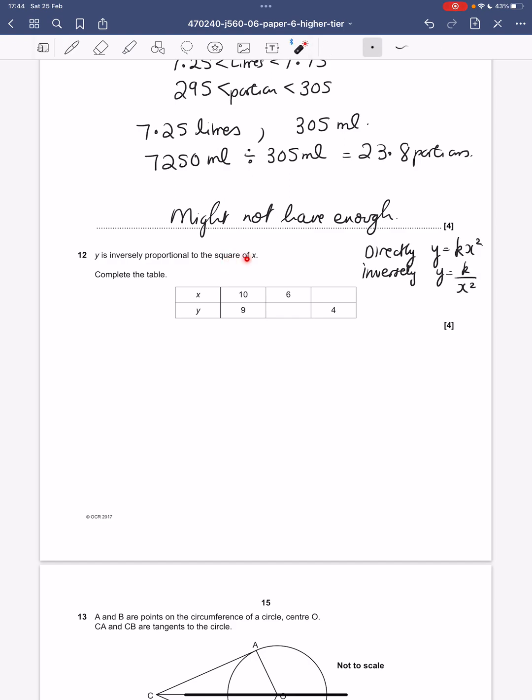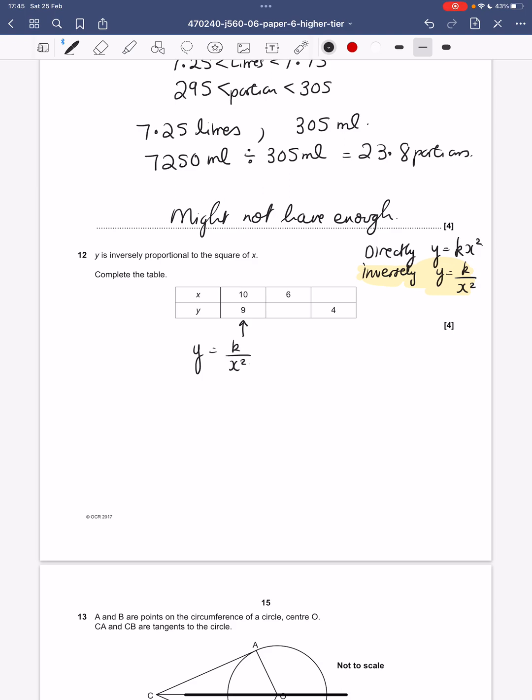And for this question, we're on this one here, inversely. Okay, so the first thing we need to do is work out the k, and they're giving you a known pair there. So y is k over x squared.